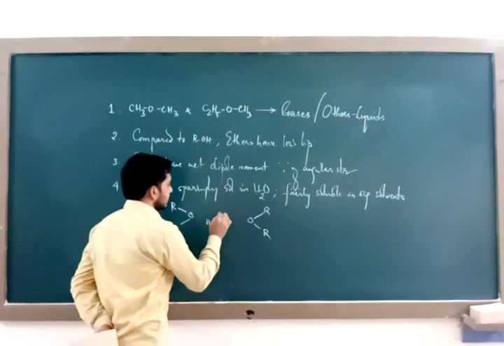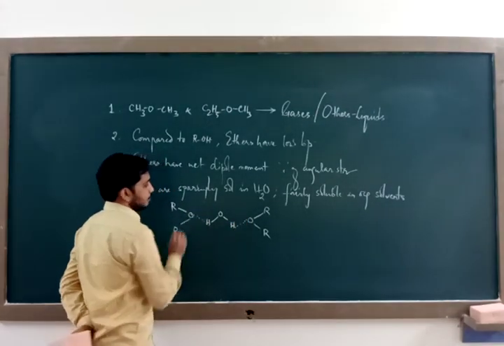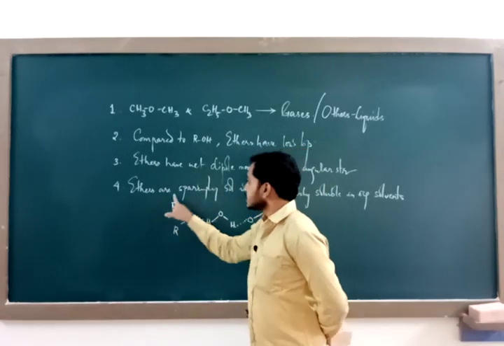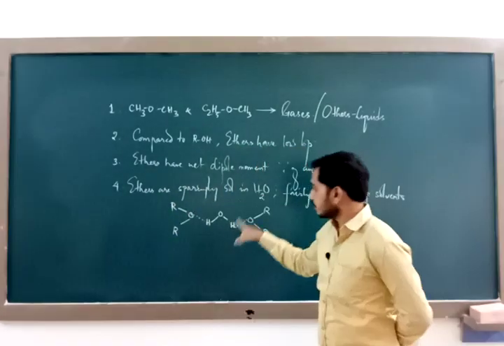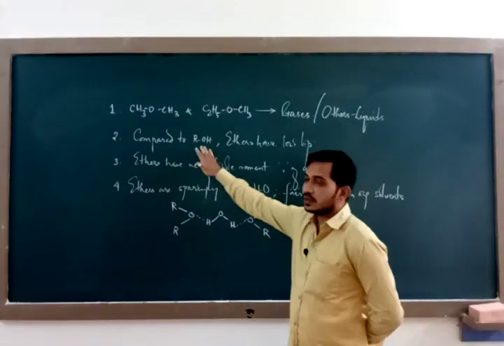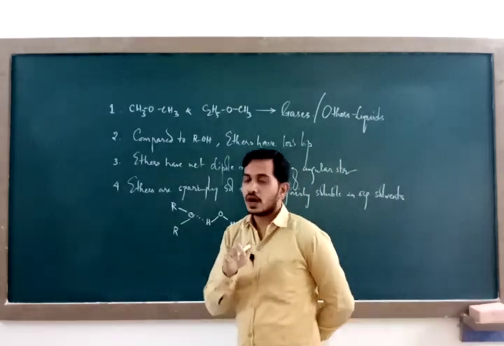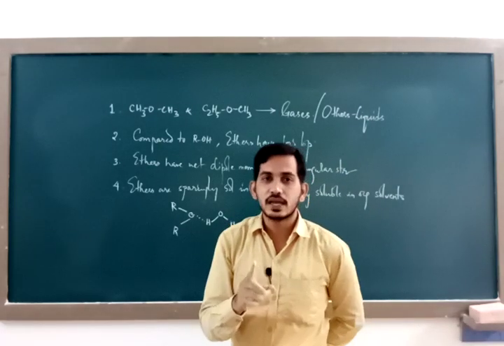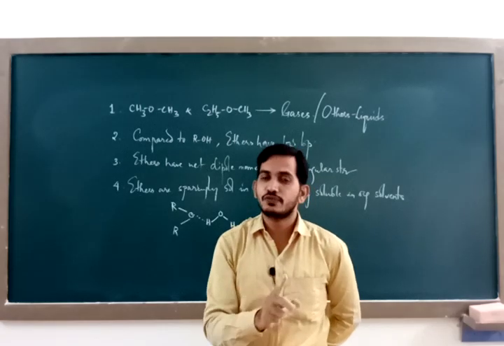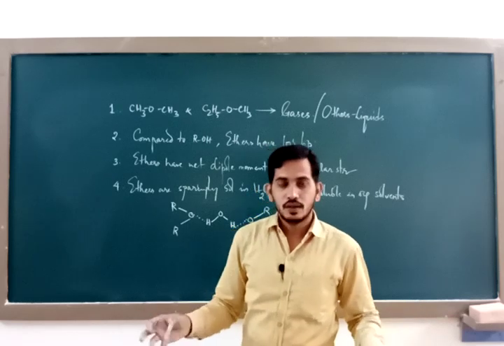So, if water is available, they can be soluble in water, but to a lesser extent. Ethers are sparingly soluble in water because of this hydrogen bonding. But if you compare their hydrogen bonding with alcohols, it is very less. So, compared to alcohols, ethers have low BP. That is true. It is true because they do not form intermolecular hydrogen bonding with themselves.